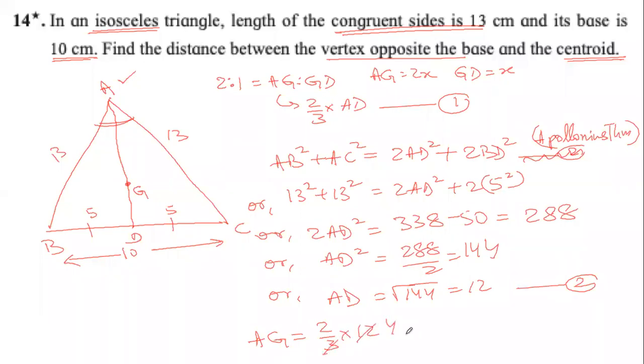So this is 8 centimeters. So at the end, we can write a sentence in English that the distance between the vertex opposite the base and the centroid is 8 centimeters.